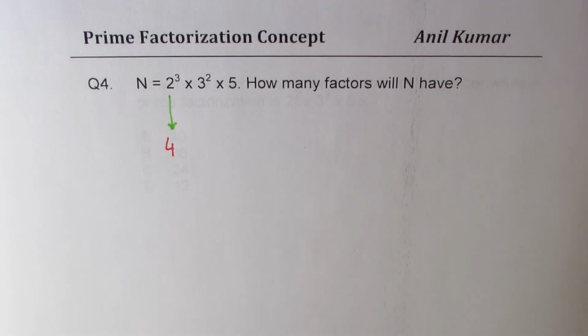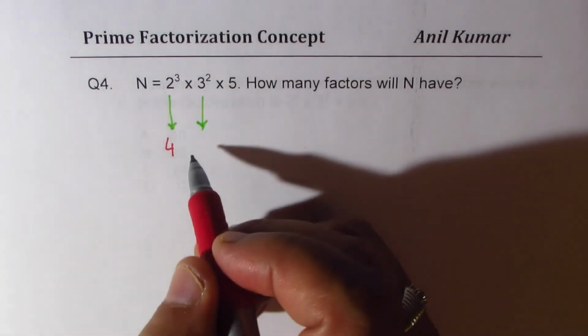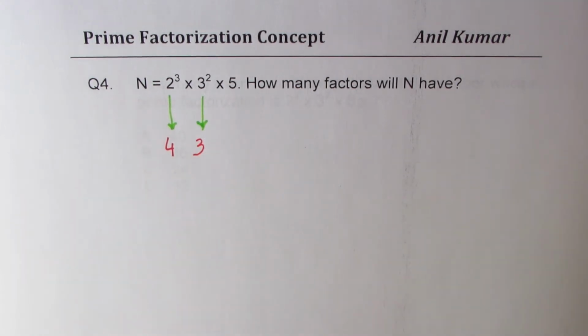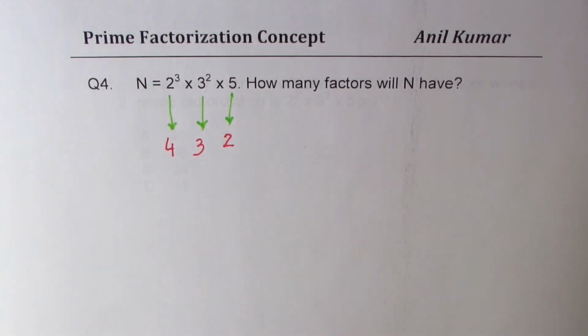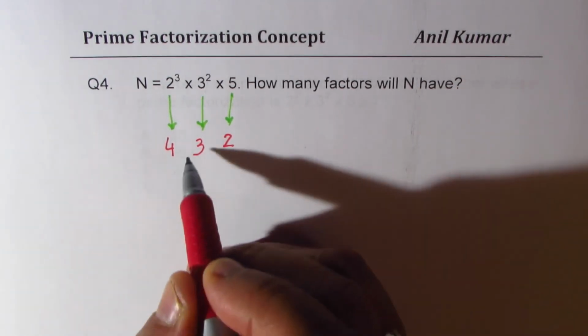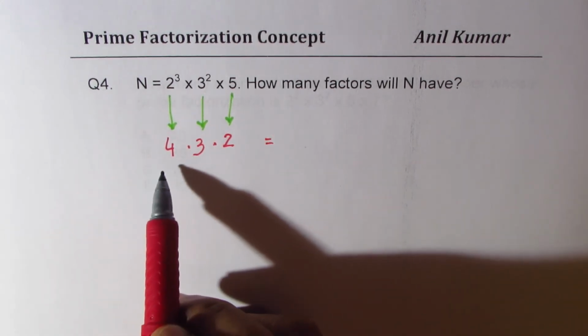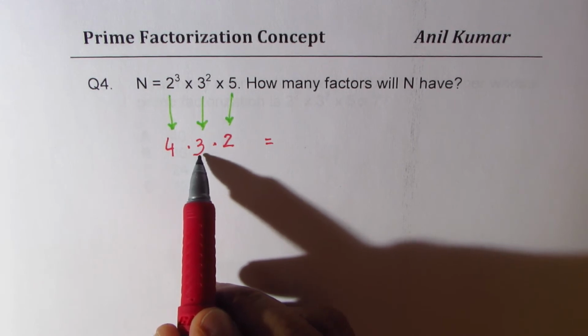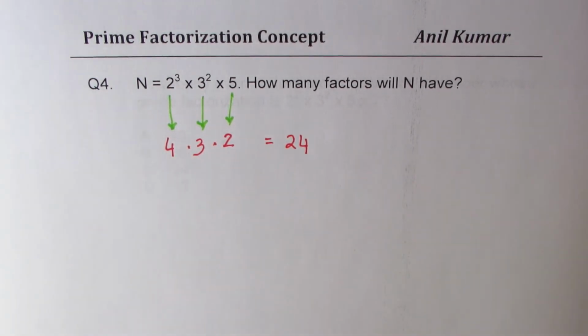As far as 3's are concerned, since there are two 3 factors, we have 3 choices. And with 5's, we may take a 5 or we may not take a 5. So we have 2 choices to make. So the total number of factors will be the product of these, which is going to be 4 times 3, 12, 12 times 2, 24. So 24 is the total number of factors that n will have.